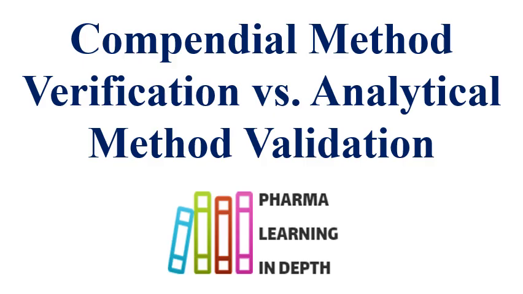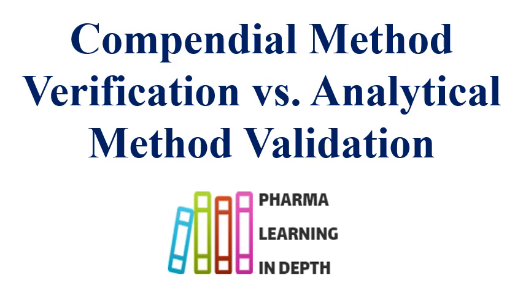Some methods are developed in-house and some methods are already available in the pharmacopoeias. If the method is available, then it is called a compendial method, monograph method, or pharmacopoeial method. If the methods are not available, then these methods are required to be developed.